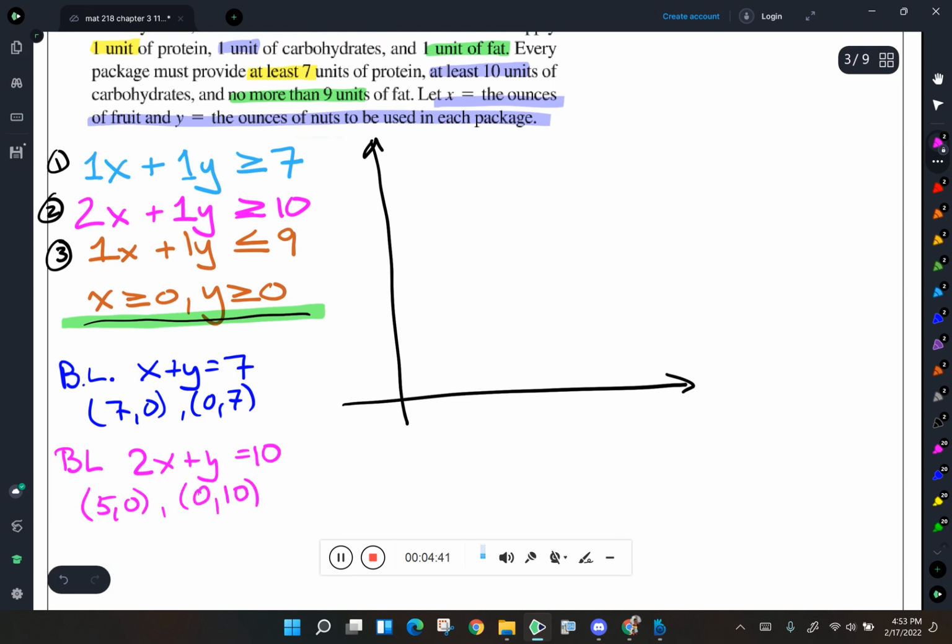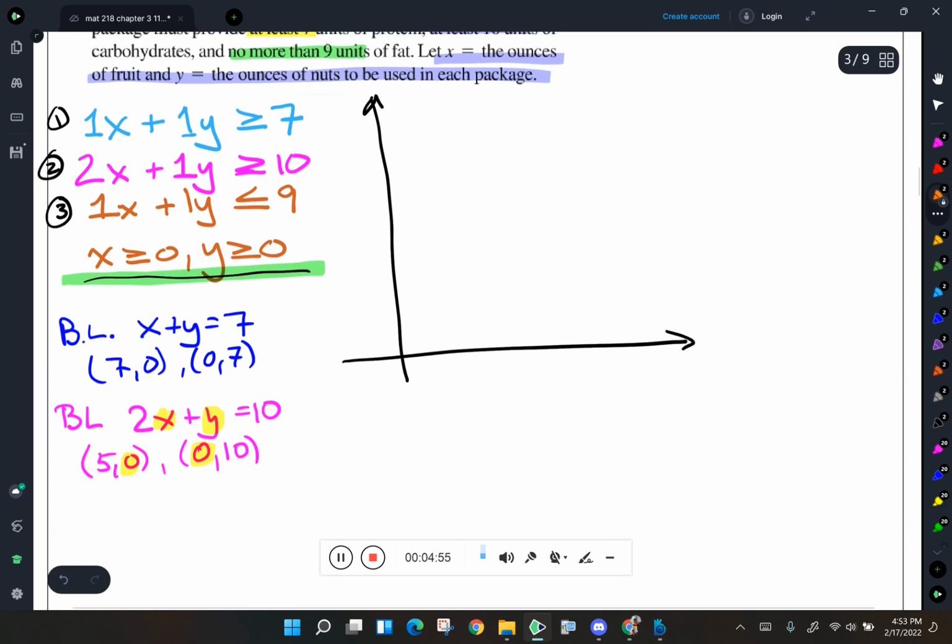Remember, I'm finding these intercepts by putting in the other variable as 0. So if y is 0, what's x? Or if x is 0, what's y? Okay. And then the boundary line for the third one is going to be x plus y equals 9, which has an x-intercept of 9, 0, and a y-intercept of 0, 9.